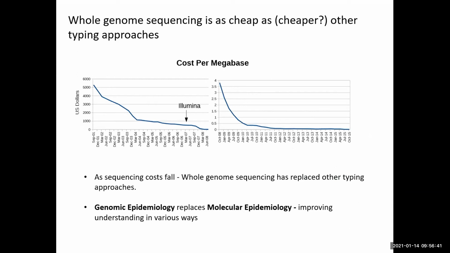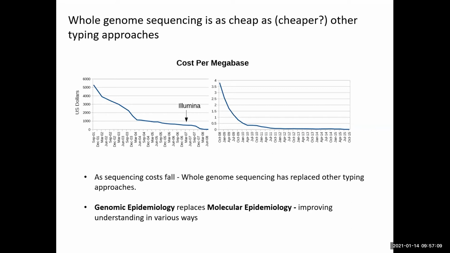So way back in 2001, it might have been around $5,000 to sequence a megabase of DNA, okay? But this has declined rapidly, as you can see on these graphs, and it only goes up to 2015, but you can see it's way less than $1 to sequence a megabase now, and has been for some time, okay?